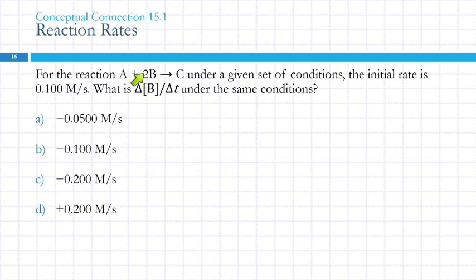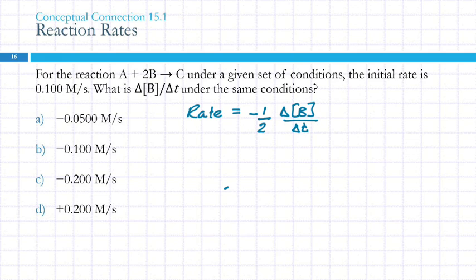Well, the 2 is going to come into this, right? And we need to be careful, because if we don't think about it carefully, we'll say, well, just multiply by 2. But that's not the case. So let's remind ourselves that the rate is equal to, for B, negative 1 over 2, the coefficient, times the change in B over the change in T. B changes at a slower rate because you need 2 of those for every one of the A's.